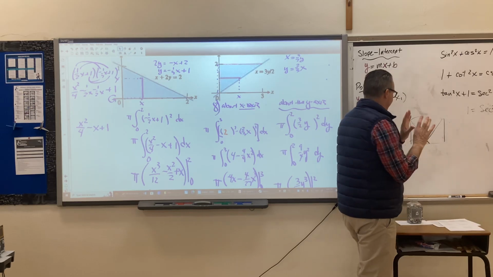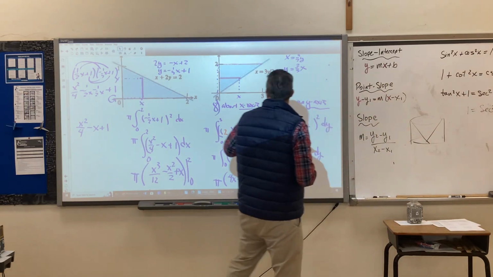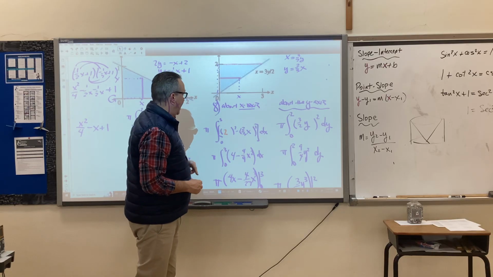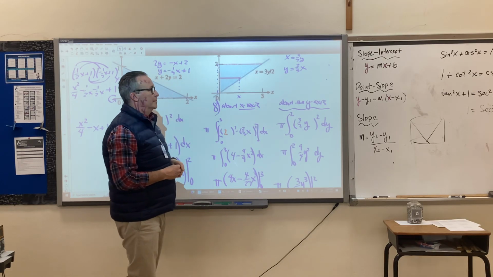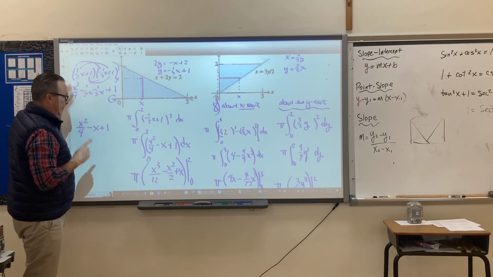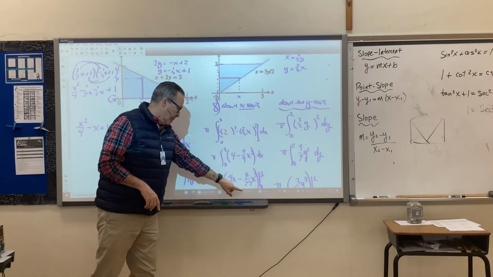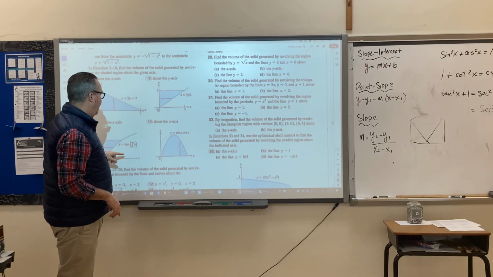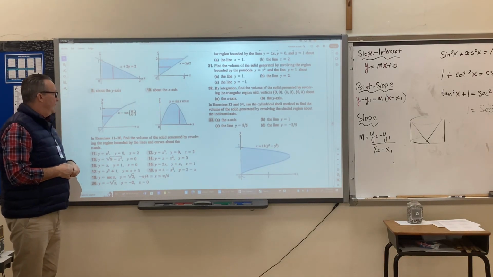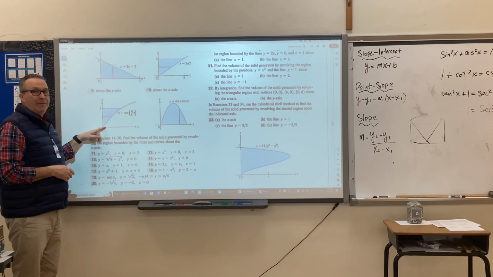It makes sense. It's this triangle revolved about the x-axis. I don't want to do this one about the x-axis.